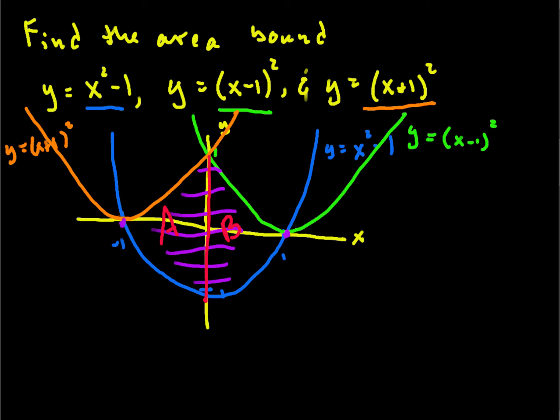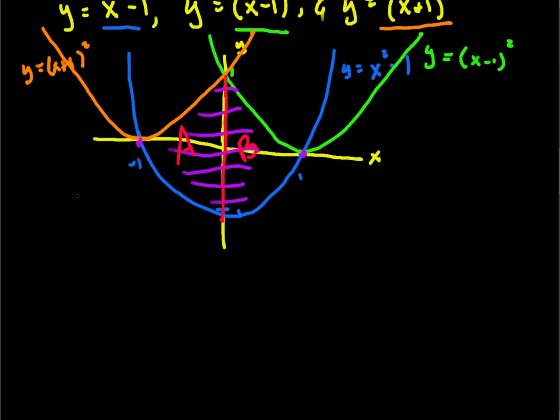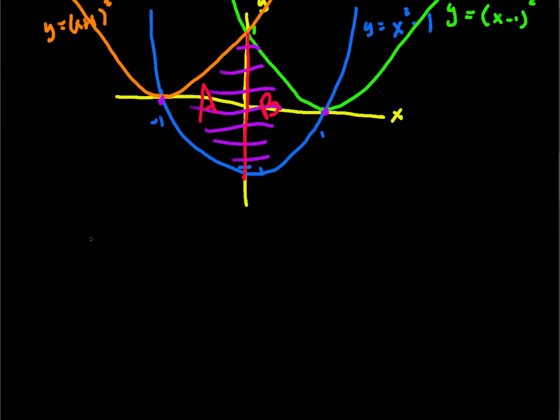And so putting this all together, I can calculate my area. So the area will be A plus B. A is the integral, so x ranges from -1 to 0.